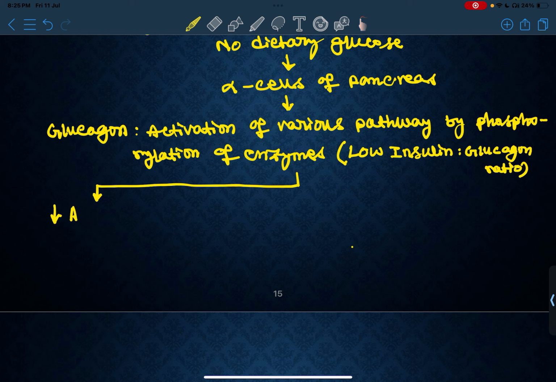There is decreased activity of GLUT4, which is used for utilization of glucose in cells like skeletal muscle and adipose tissue. If we decrease the activity of GLUT4, the utilization of glucose will decrease, and it will decrease glucose uptake.